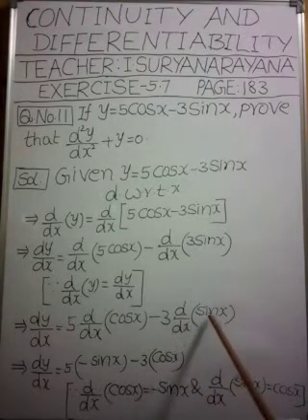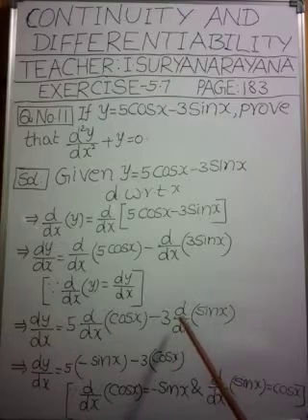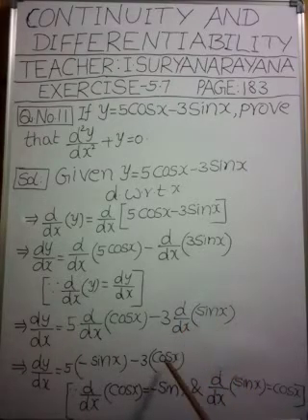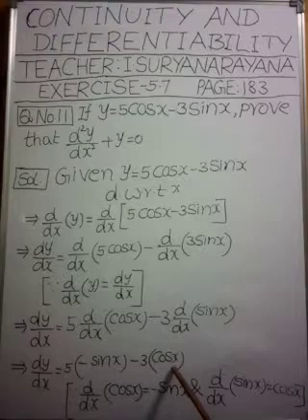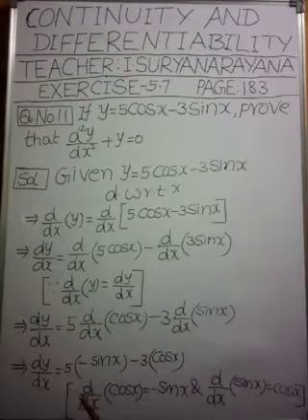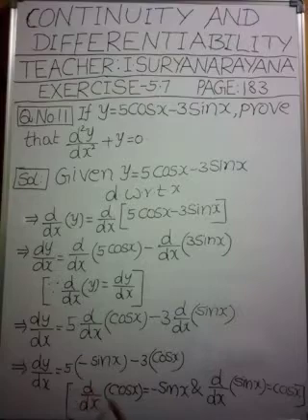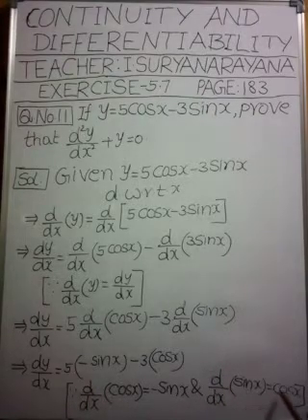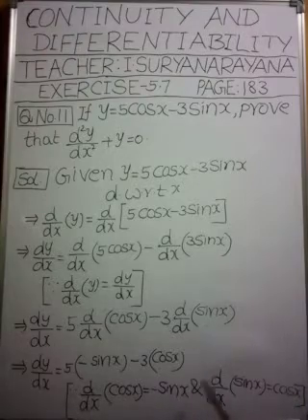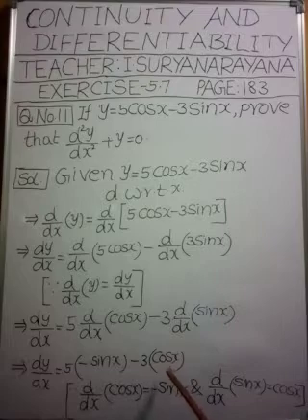Do you remember this formula, my dear children? d by dx of sin x is equal to cos x. Understood this part? I wrote the formulas also, because d by dx of cos x is equal to minus sin x and d by dx of sin x is equal to cos x. I used these two formulas to get this step. Understood this step, my dear children?